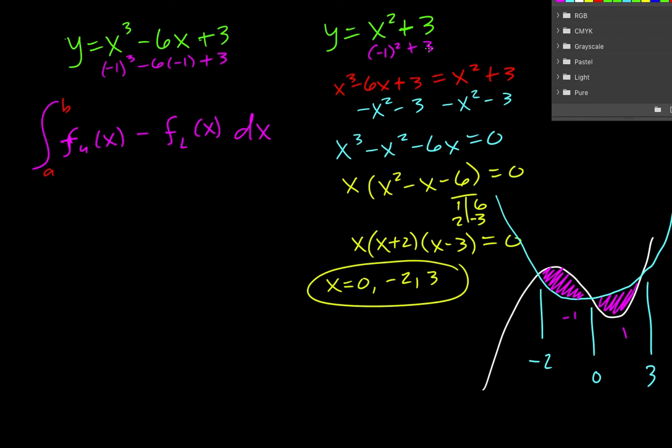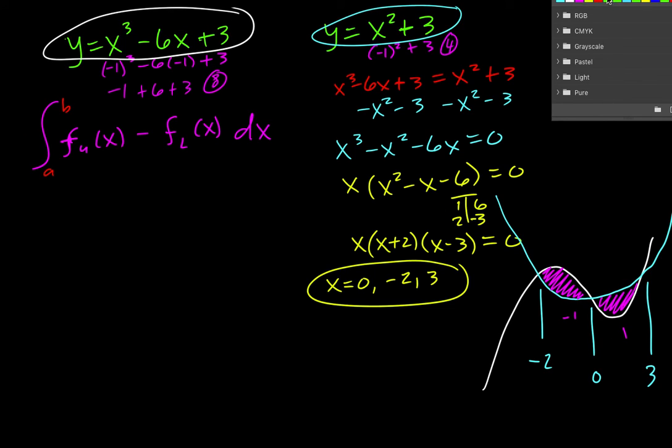When I do that, I get negative 1 plus 6 plus 3, so that's 9 minus 1, which is 8. When I do this, I get 1 plus 3, which is 4. So since that function is greater, yes, it is the white function, which is this function, that is above.